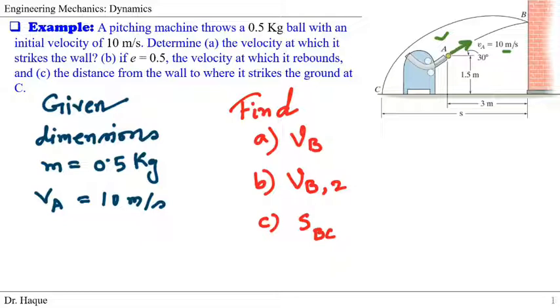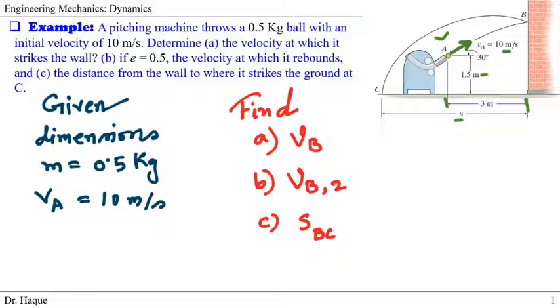That's all that is given. We are also given some dimensions: the start point of the ball, which is 1.5 meter above the ground, and that point is 3 meters away from the wall, and also the dimension from the wall to the rebound back, but we're going to talk about that later.